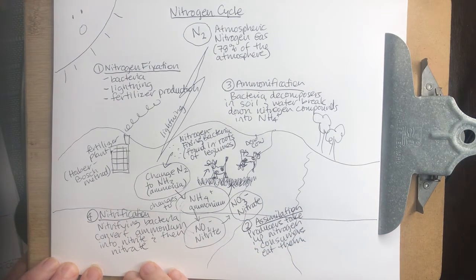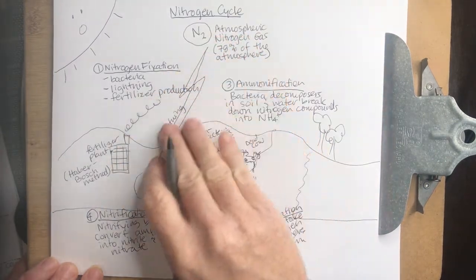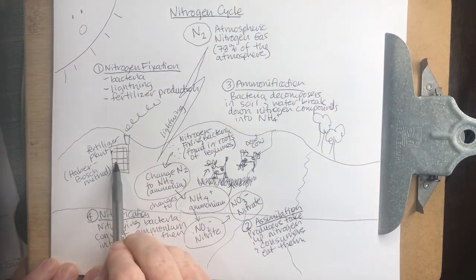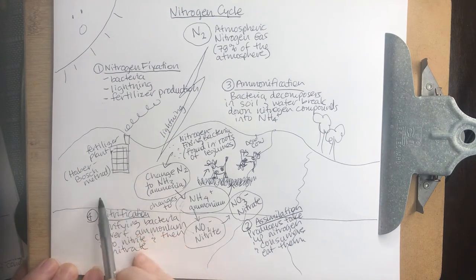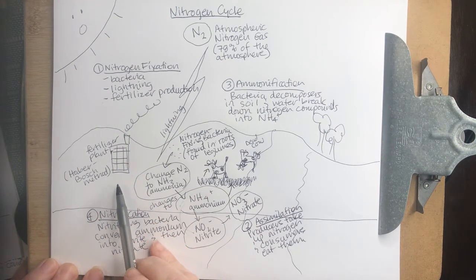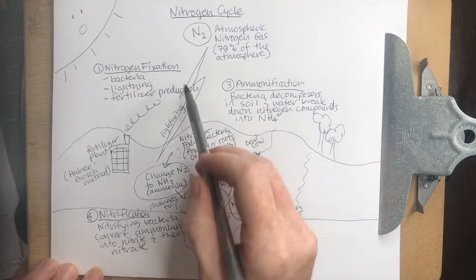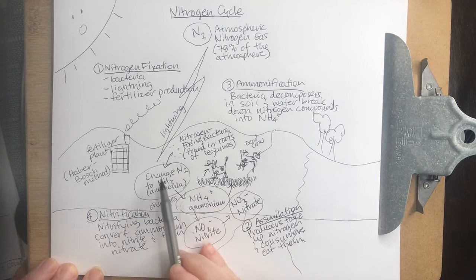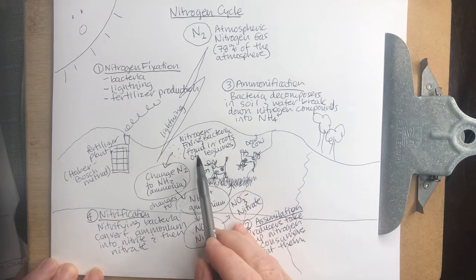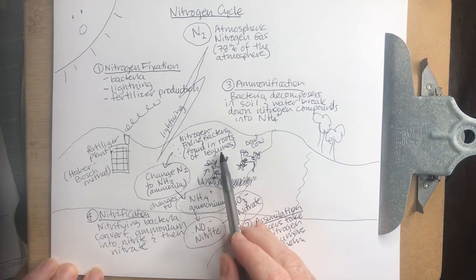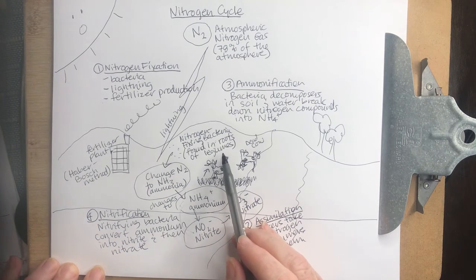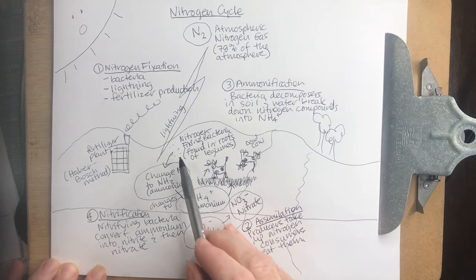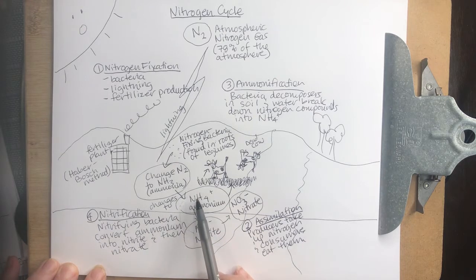Okay, so we've gone through this process. We had nitrogen fixation, either by using fertilizers, putting the nitrogen in the ground in a usable form by plants, lightning, changing some of the atmospheric nitrogen into a usable form for plants in the soil naturally, or these nitrogen fixing bacteria found in the roots of legumes, bean plants, that are converting this nitrogen into forms that are usable by plants.